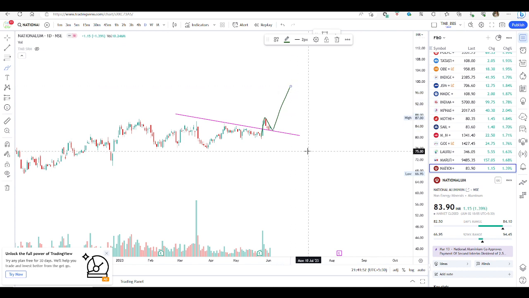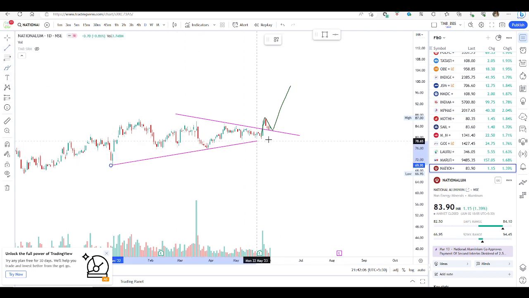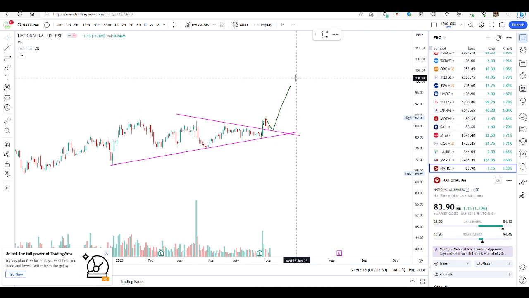Maybe this is not the right way of looking at this chart. Now I am taking a different methodology: a triangle pattern breakout and retest. It may go up. Maybe this was the right study, but we are not sure.